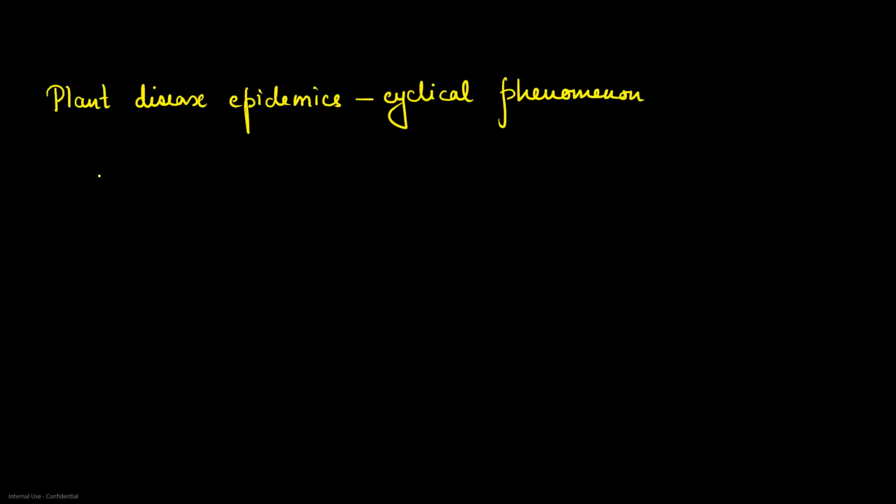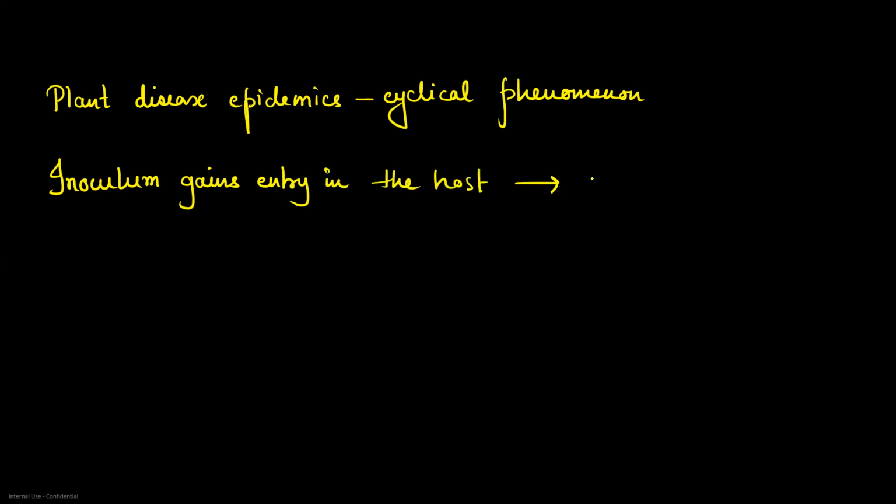The cycle is being repeated constantly. So what is happening? The inoculum gains entry in the host.